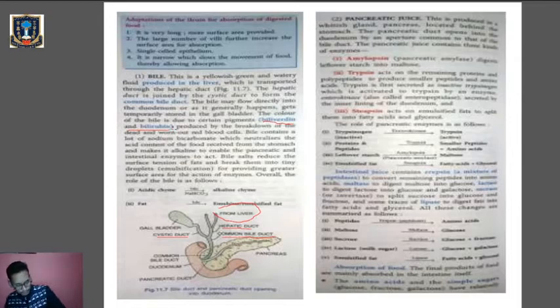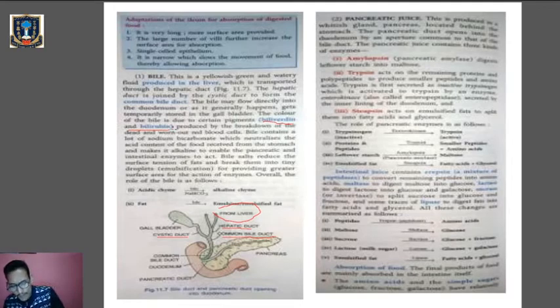Overall, the function of bile, we can say, is to convert the acidic chyme into alkaline chyme, because acidic chyme becomes alkaline by the presence of sodium bicarbonate. And the next function of bile is emulsification, where the fat will be changed into emulsified fat. Okay, these are the general functions of bile.